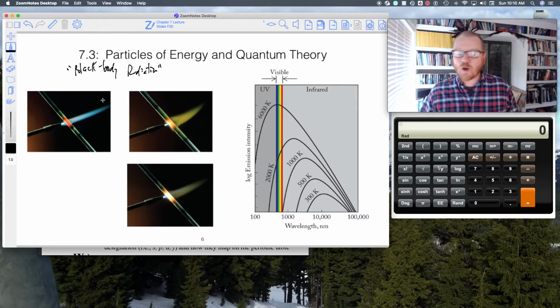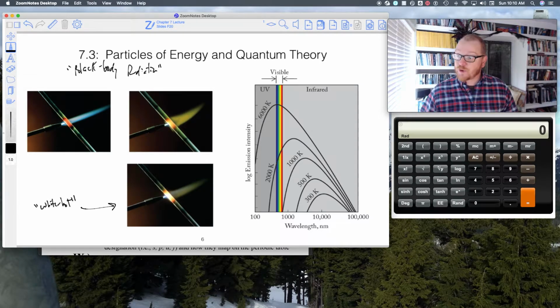And you probably know this already from your everyday experiences. As you start heating this thing up, it glows. And you're probably familiar with the expression white hot, right? When you get something so hot that it's glowing white.